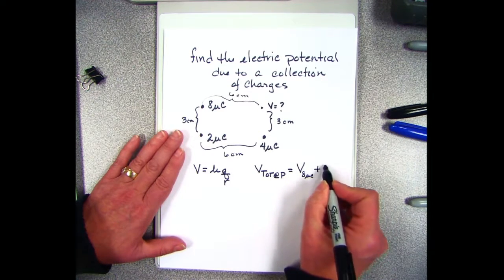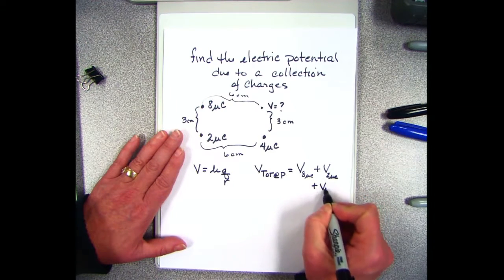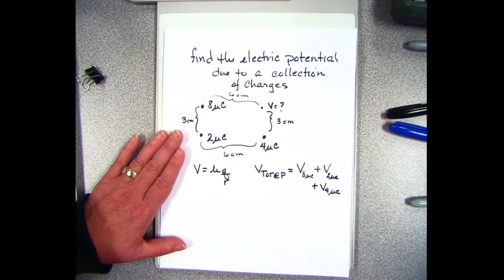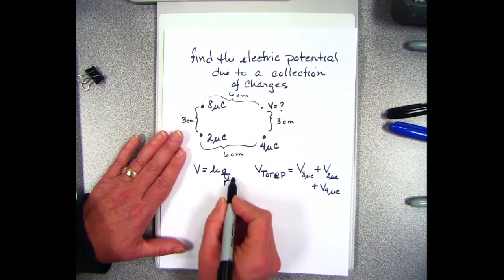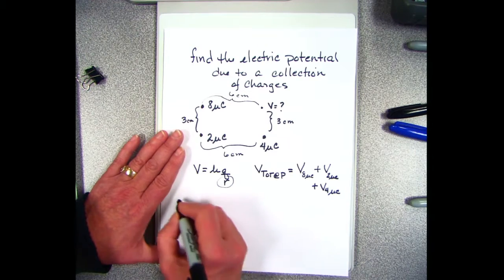I don't necessarily have to worry about the direction in this case like I do with my electric field, so I don't necessarily have to break it out into components, but I do have to know these individual r's in order to solve it. So I'm going to calculate my 8 microcoulomb one. That's going to be kQ over r.